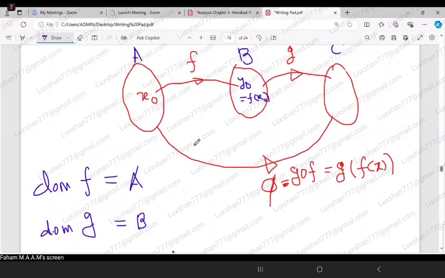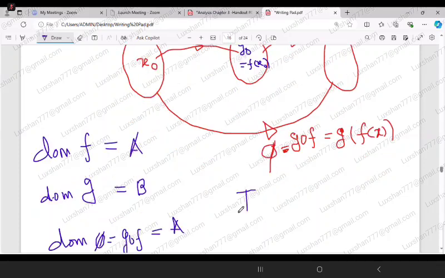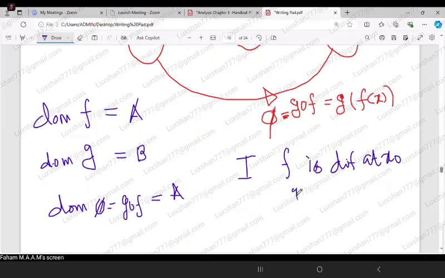Now look at this carefully. x naught is a point in A. The corresponding image of x naught is y naught, that is, f of x naught is equal to y naught. Now we have the following. It says that f is differentiable at x naught, g is differentiable at y naught, because you must know the relation between x naught and y naught.